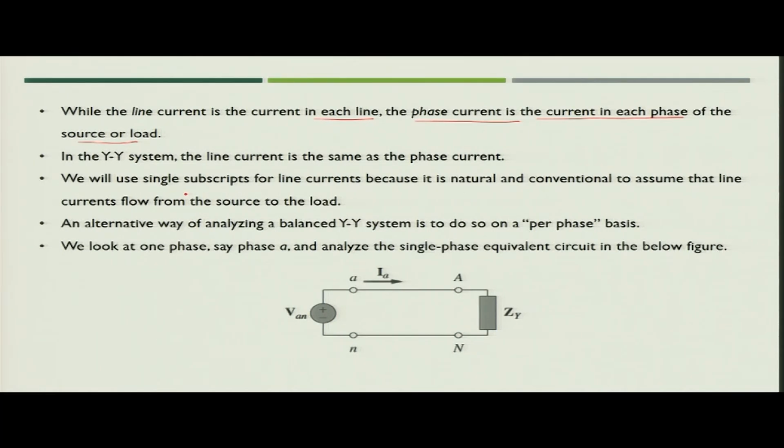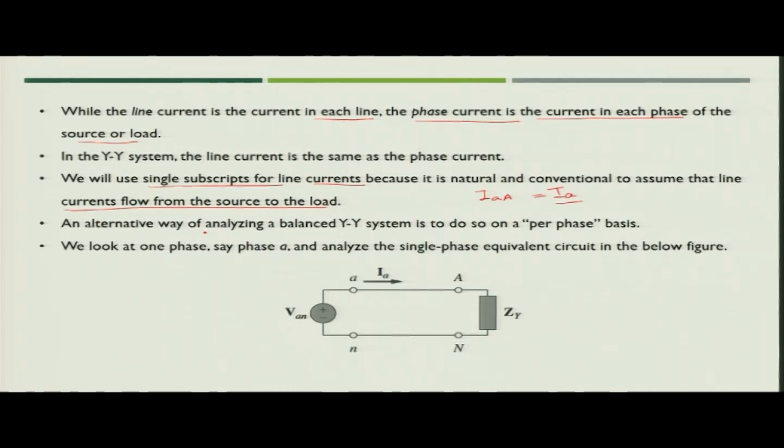So, we will use a single subscript for line current. We will not write IAA, we will simply write IA for the line current, because it is understood that we are talking about the current flowing from source to load. So, that is why we drop the second subscript and simply write IA.